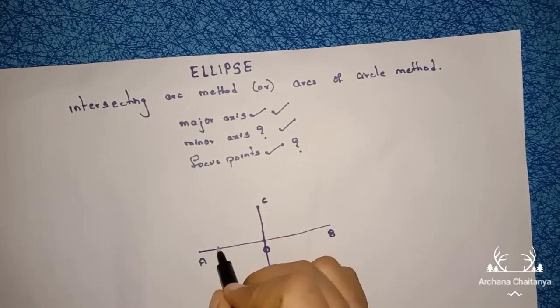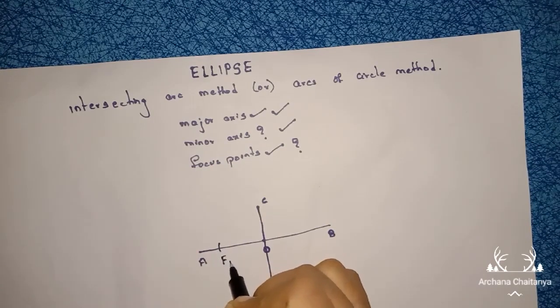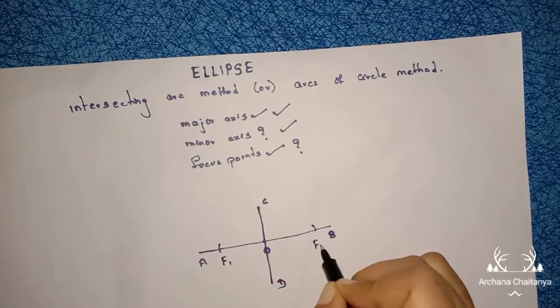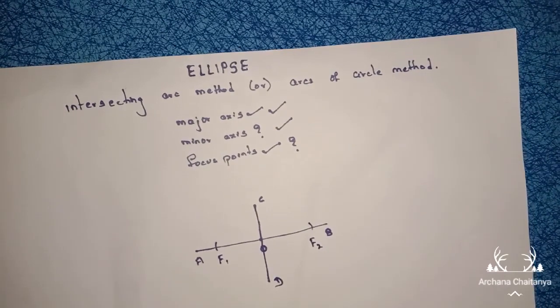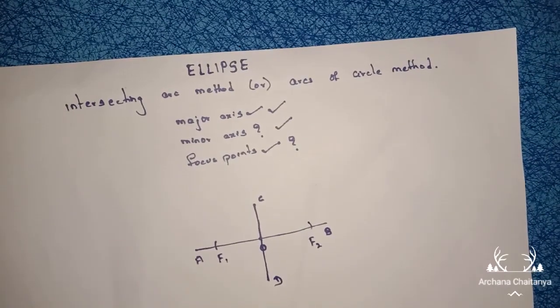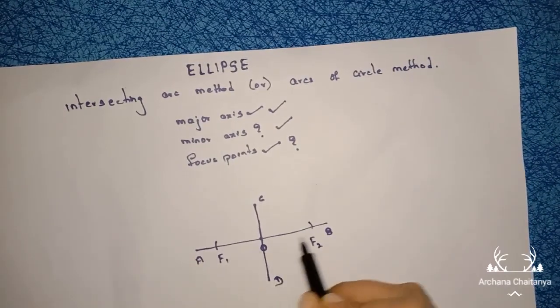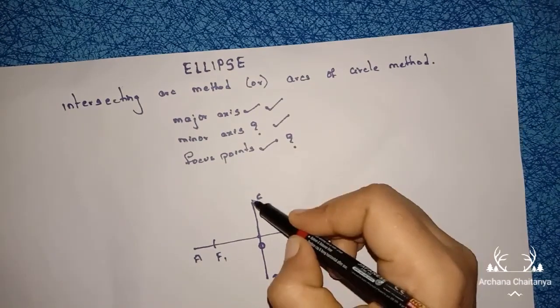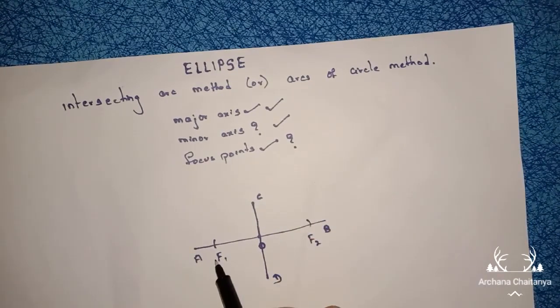Always the focus points lie on the major axis only. So AB is your major axis, CD is your minor axis, F1, F2 are your focus points.